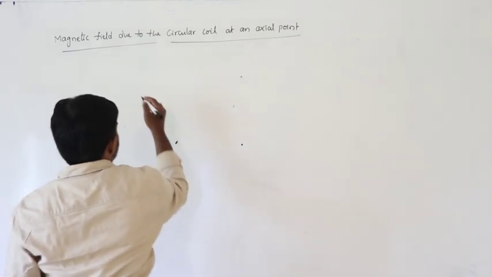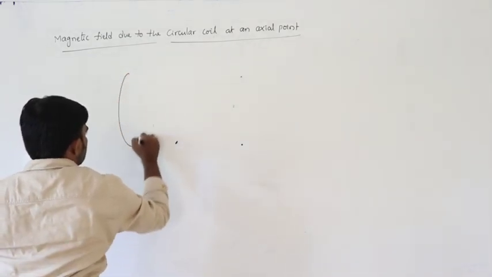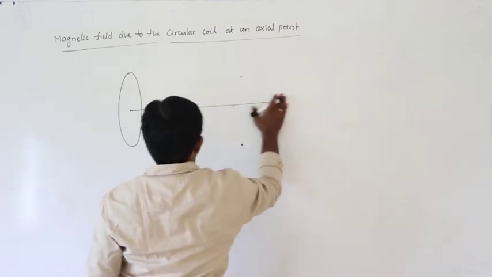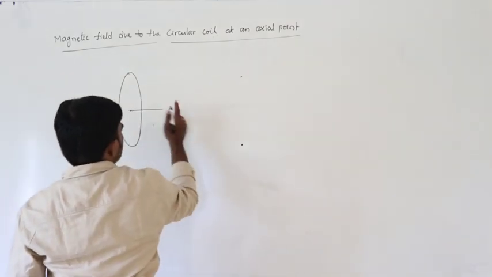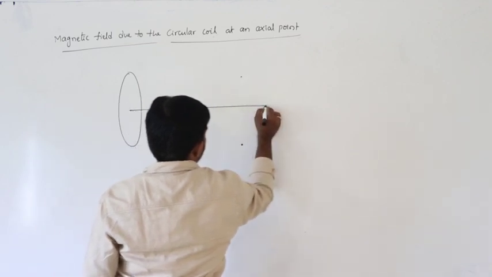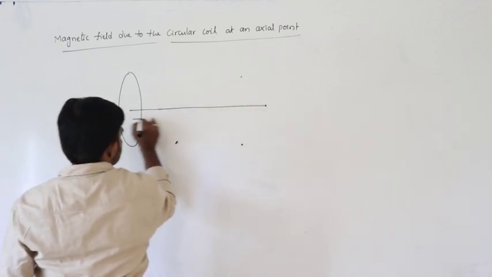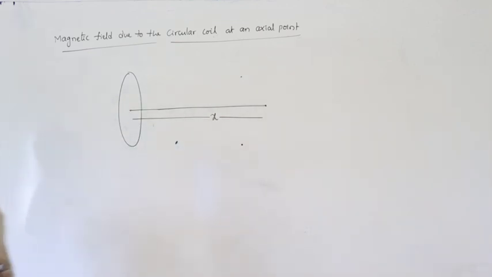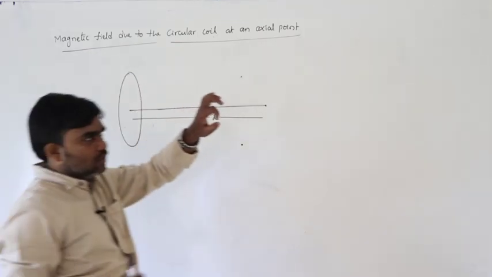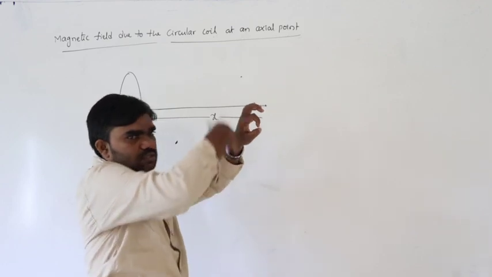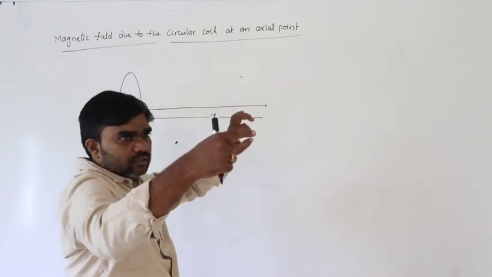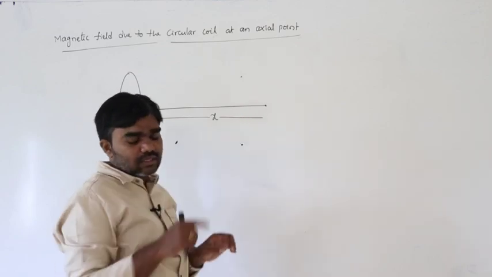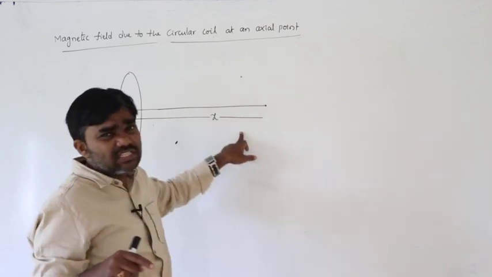See here. So this is the circular coil, this is the center. Now we are calculating the magnetic field at a distance x from the center. Generally the circular coil is placed like this. Now we have to calculate the magnetic field far away from the center, that is an axial point.